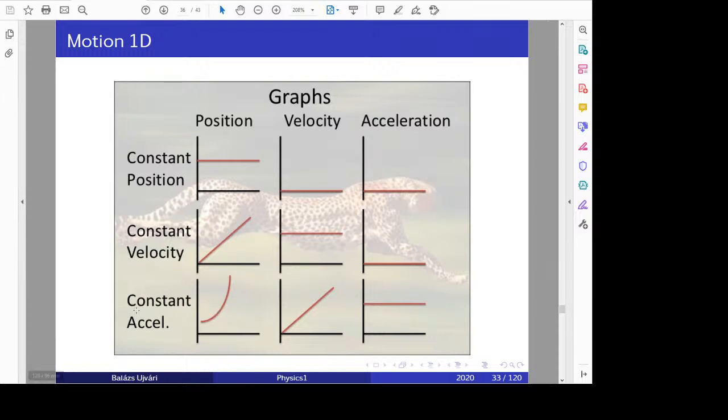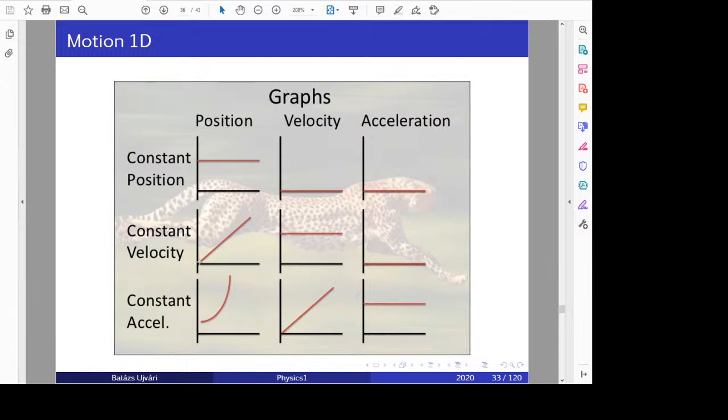For example, this is a constant acceleration. So, let's start. Constant position. Constant position means you can imagine the horizontal is the time and the vertical is the position. If at every time you are in the same position, it means you stay somewhere, let's say at 7 meters. In this case, the velocity is 0 and acceleration is also 0.